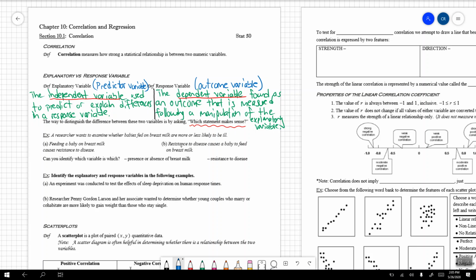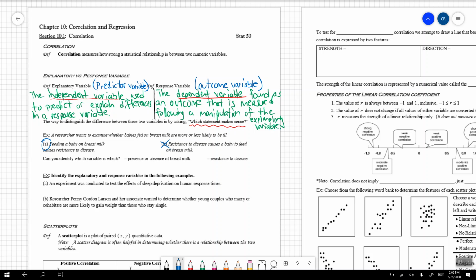So this puts the response variable first and the explanatory variable second, which doesn't make sense. So for our answer, we want statement A. Statement A makes the most sense logically, and it has this explanatory variable and this response variable.